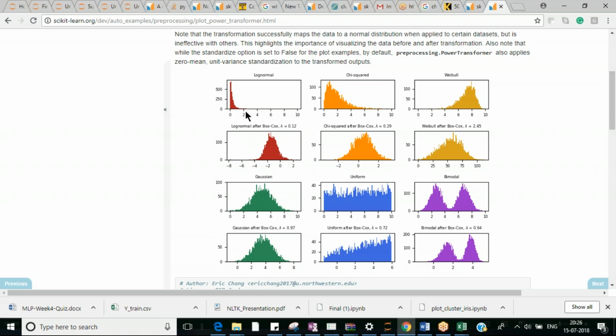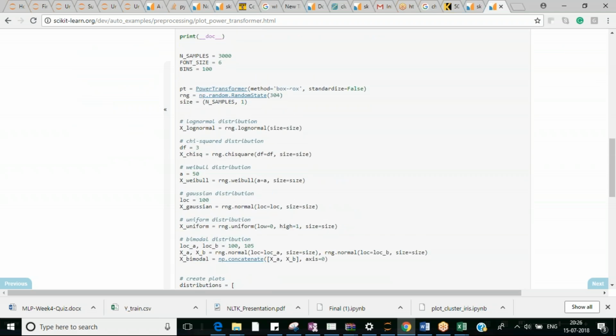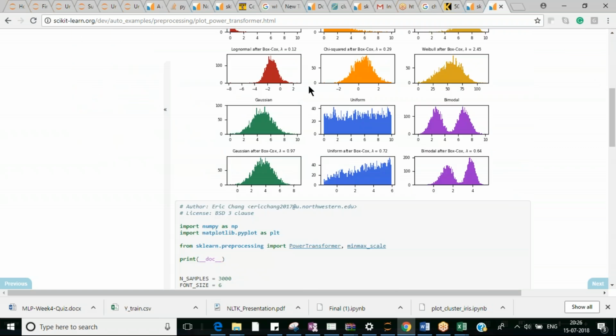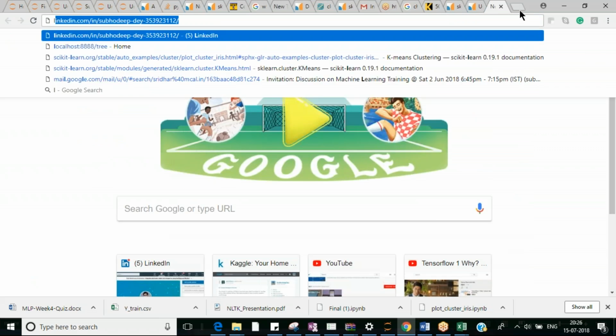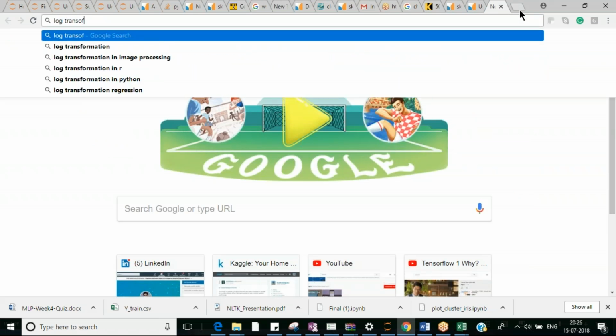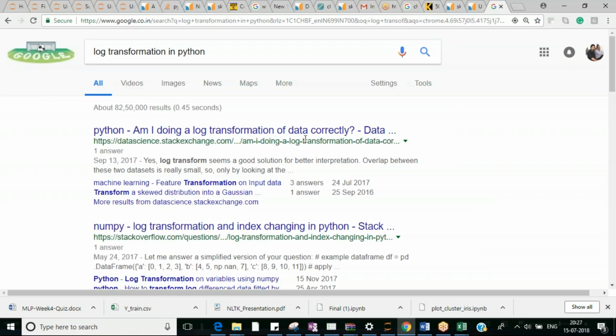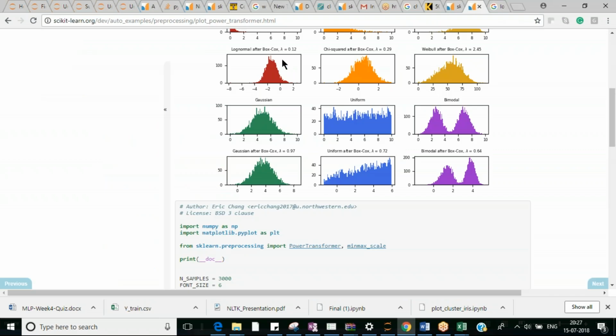So whenever it is skewed, it becomes normal. This is kind of important. You can easily read about the Box-Cox transformation from here. Whenever you have skewed data, you can always try a log transformation in Python, so that your data is more Gaussian and not skewed.